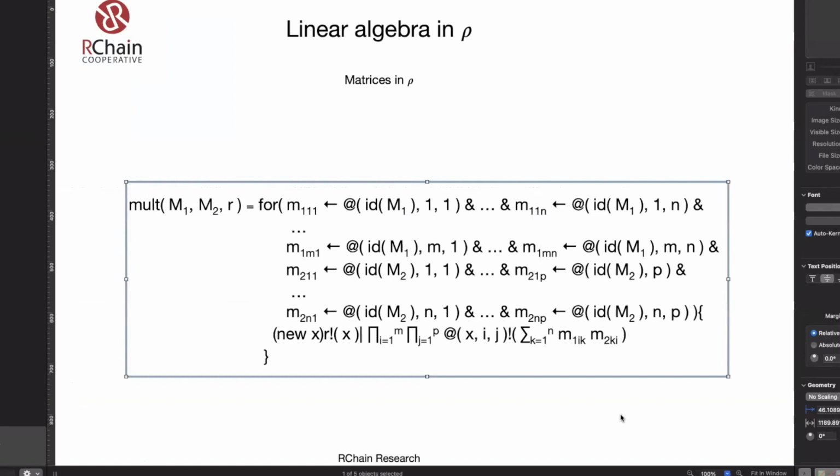So, Greg, in terms of actually writing this in Rholang, would we have a shortcut? Even though this is directly representable, for large matrices this may not be. I mean, this is legal Rholang 1.1.